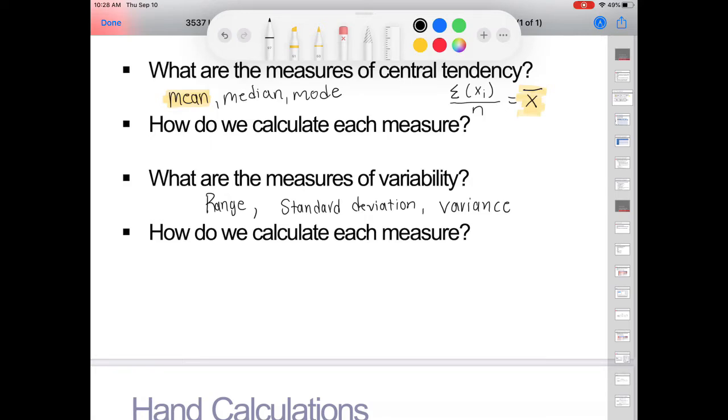Our range, that's basically how far apart our scores are from each other. That's our most general measure of variability. And you calculate range by taking your highest score minus your lowest score.